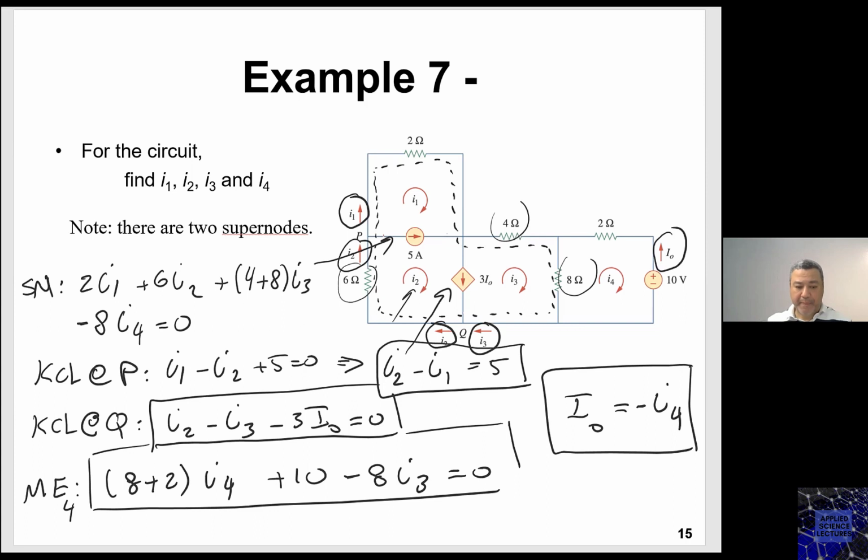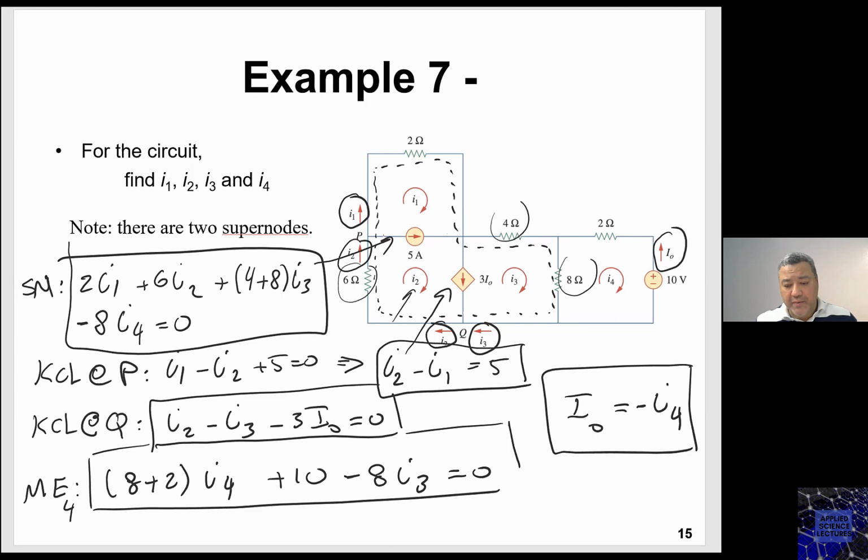So back down to 4 variables. So we have one equation, 2, 3, 4 equations, 4 variables, problem is solved.